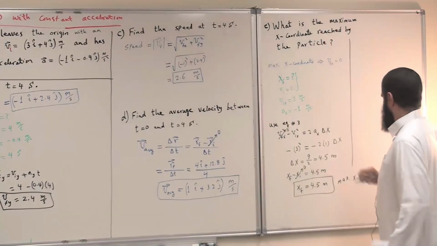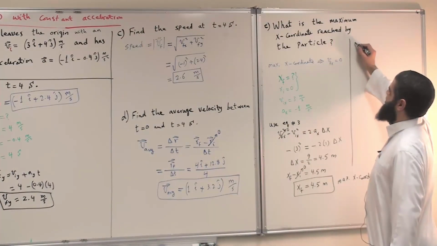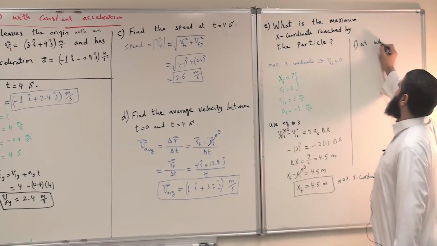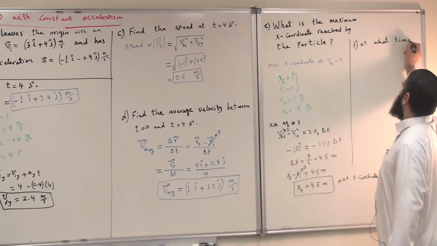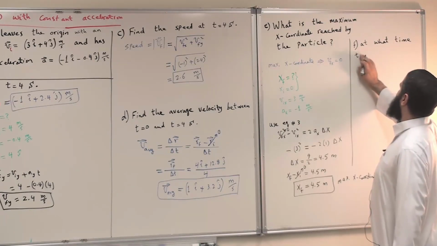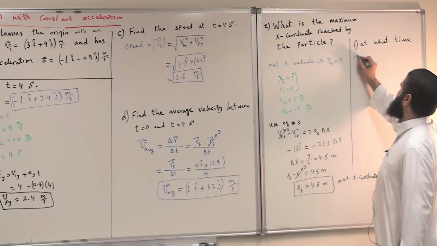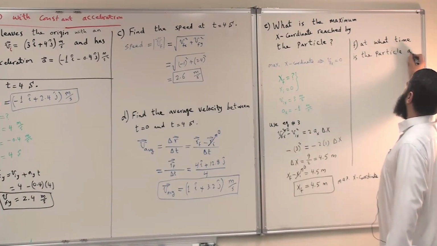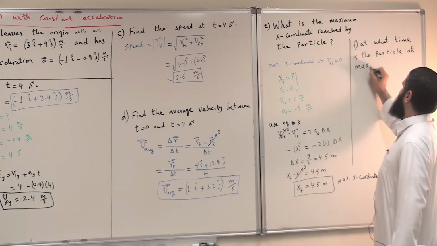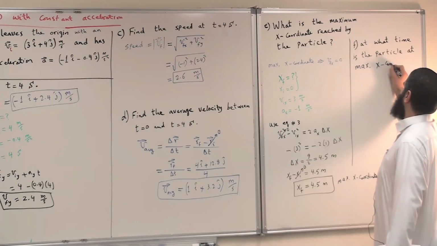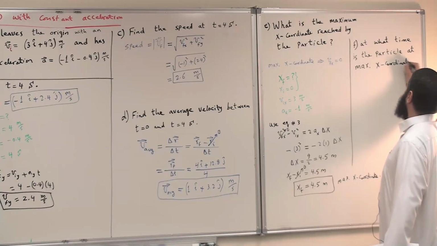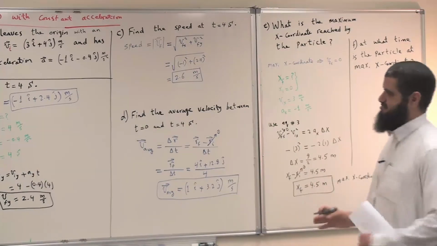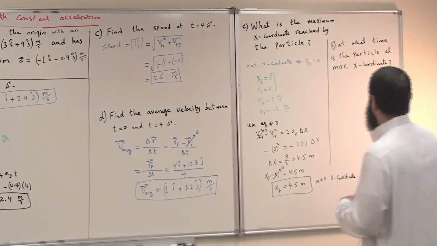Let us add one more part, part F. At what time is the particle at maximum x coordinate? This is a very good question. So my question now is very comprehensive. It covers many ideas. So let us answer this.